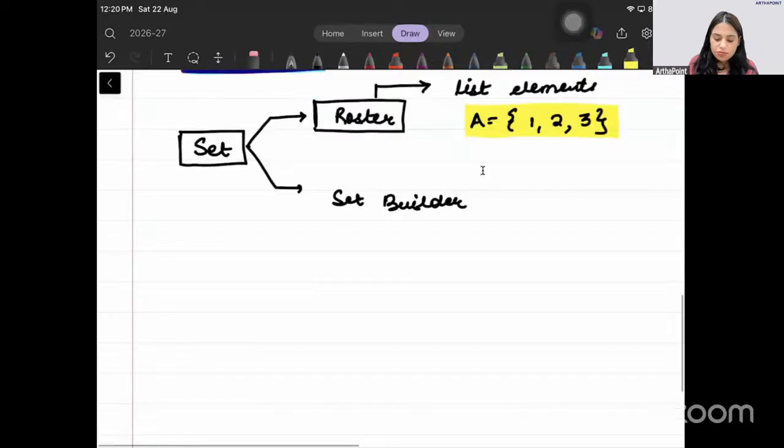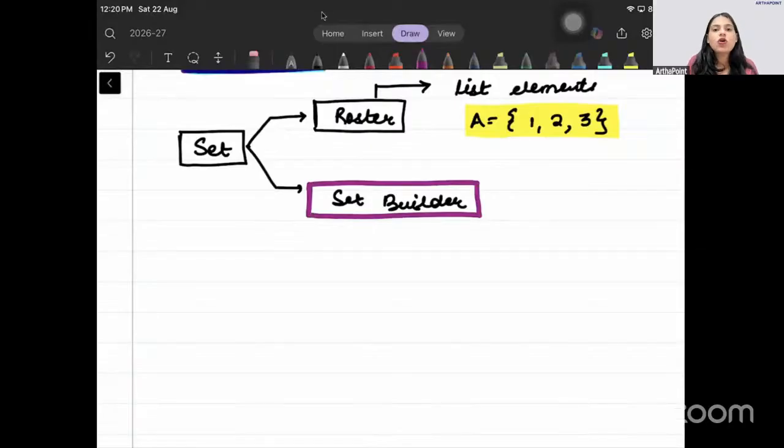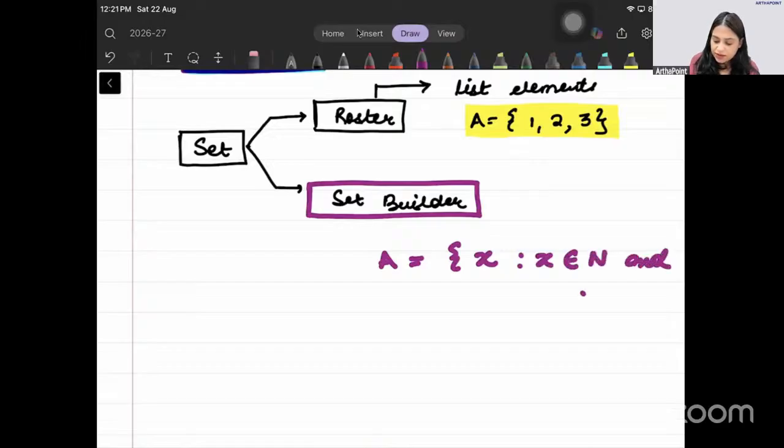A set builder form means we will just give the definition of the set. So we will write something like: set A has all elements X such that X belongs to natural numbers and X is between 1 to 10.